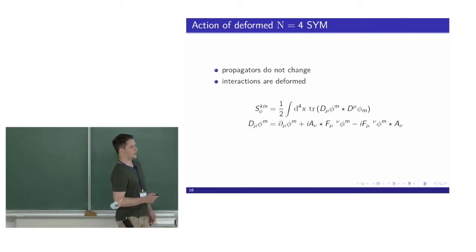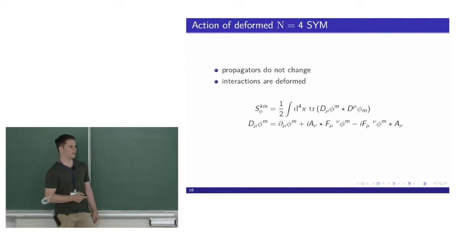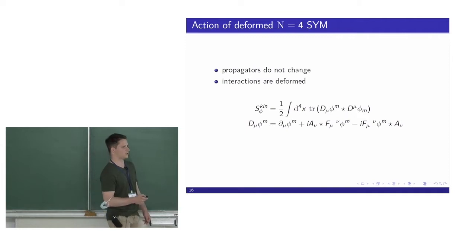Okay, so since this volume form here is uncharged under the twist, we can again forget about one star product here in this integration. So this then just reduces to the usual d mu phi times d mu phi.